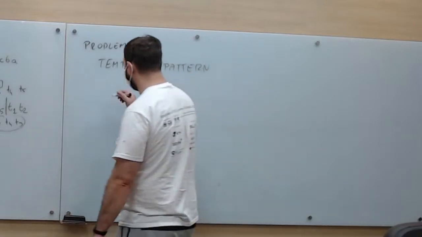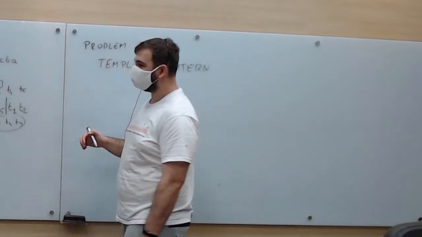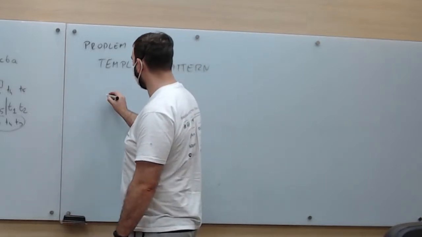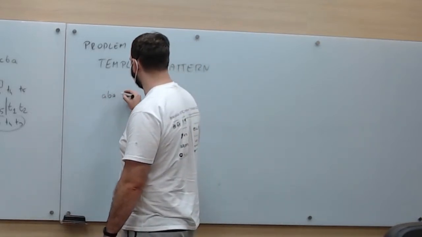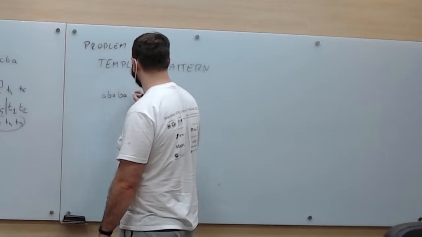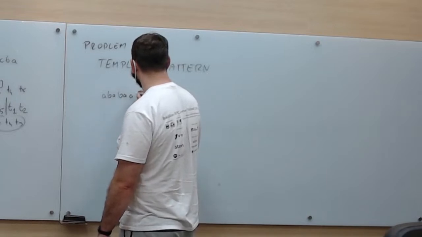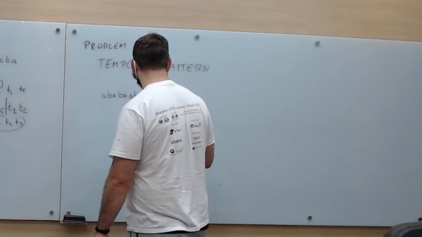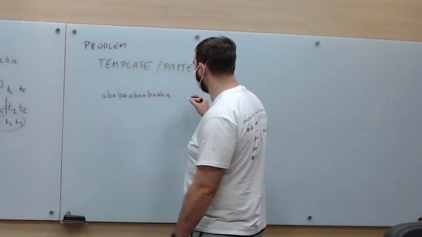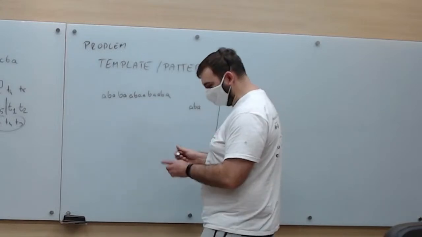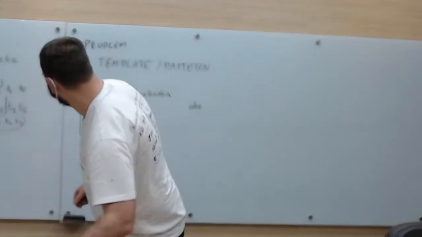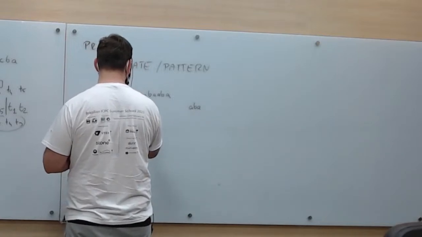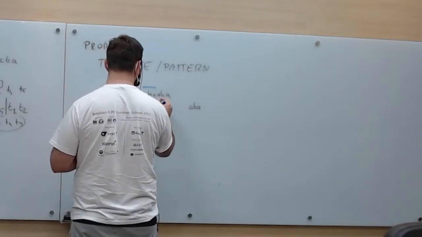So the idea was we wanted to find the shortest template or pattern that we can cover our word with, but these coverings can intersect each other or overlap. So when we have something like this, maybe the pattern will be ABA, because we can cover this wall like this, this, this, this, and this.